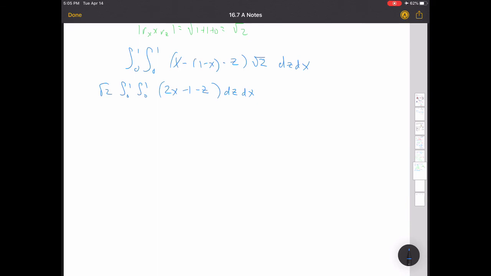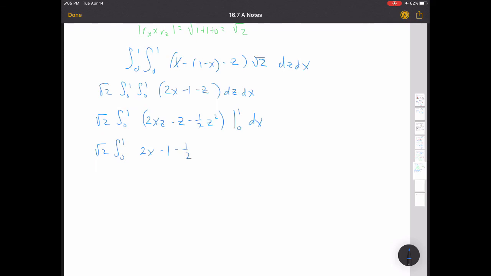Take the antiderivative first with respect to z. And we're going to get 2xz minus z minus 1/2 z squared from 0 to 1 dx. So still got a square root of 2 on the outside. So let's see, plugging in a 1 for our z's, it's going to be 2x minus 1 minus 1/2.